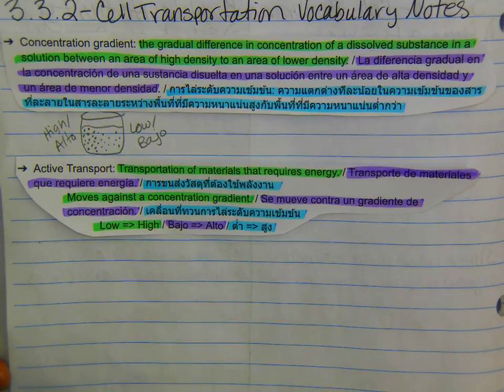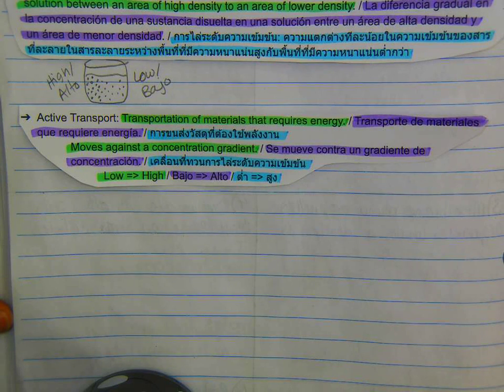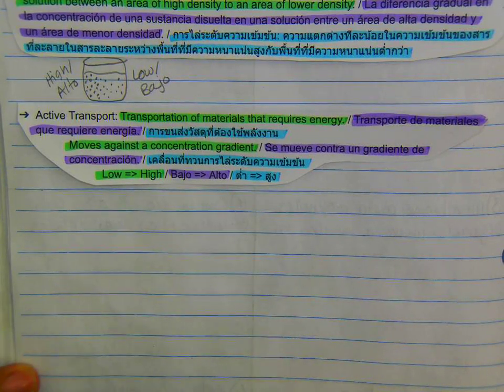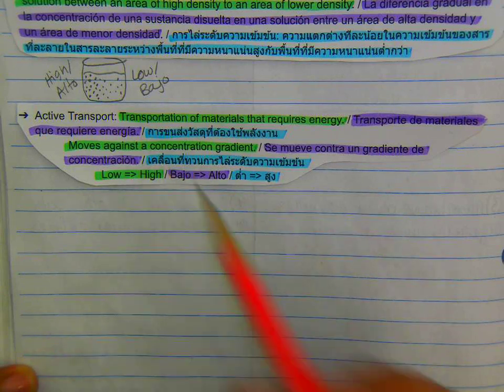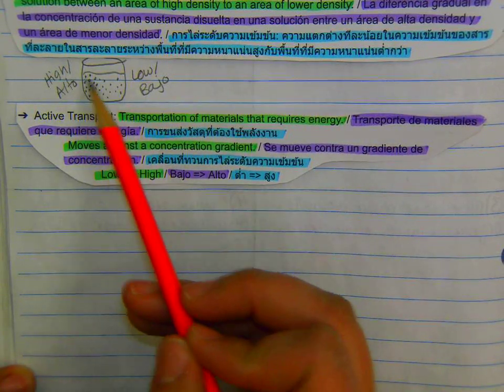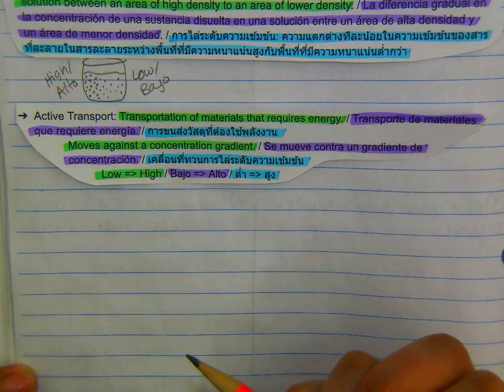So, just like when you're being active, you need energy. When molecules are moved through active transport, they also require energy. They require energy because they move against a concentration gradient. So instead of going from a high area to a low area, they go from low to high.